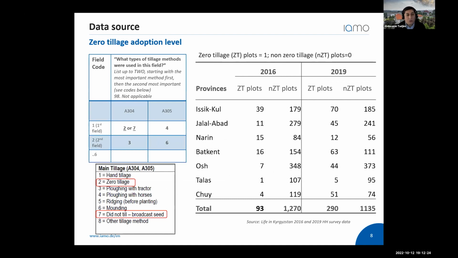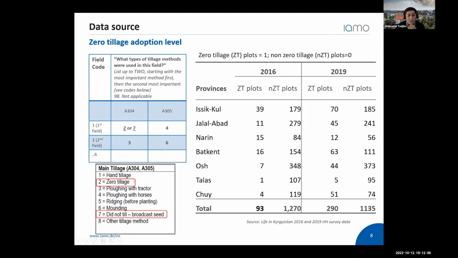In this survey, households were asked what types of tillage methods were used in this field, and they were given 8 tillage method options. They had to choose the two most important methods for one field.